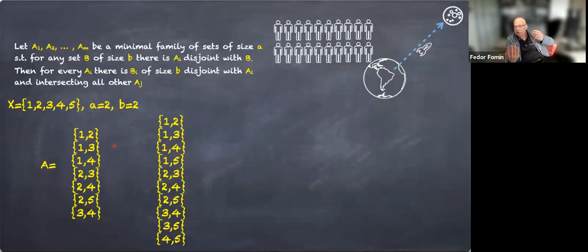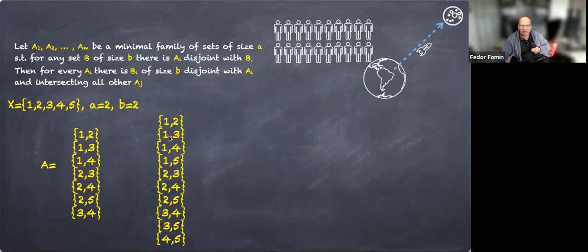You give me any set B of size 2, and then you say, please find me a set from your family which doesn't intersect mine. If I give you 1, 2, then there is a set, for example 3, 4, which does not intersect with 1, 2.